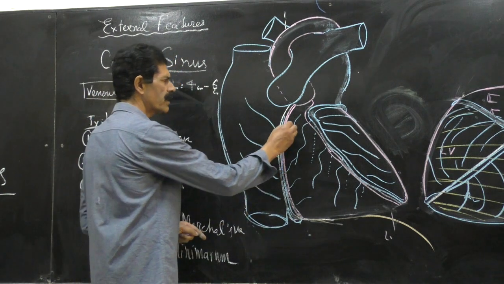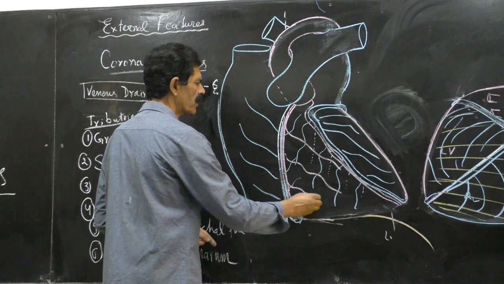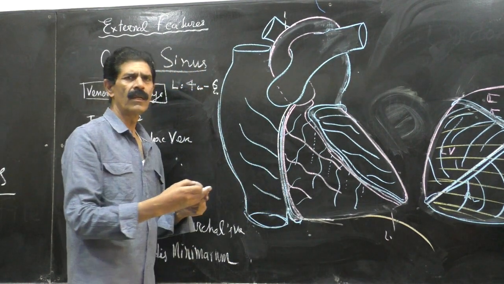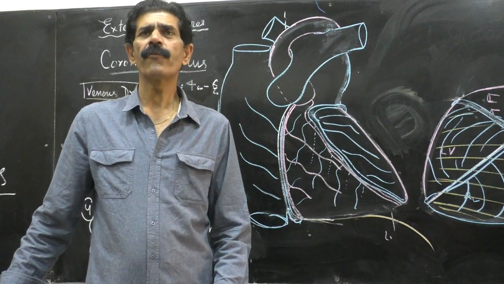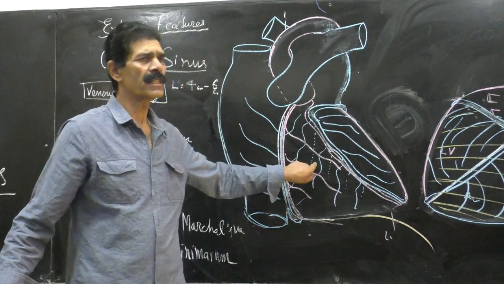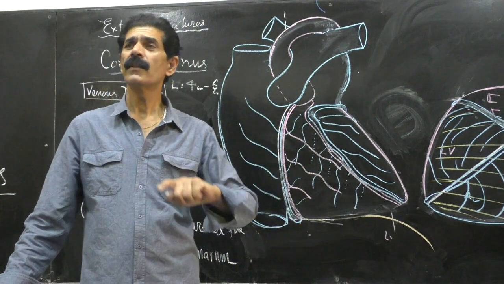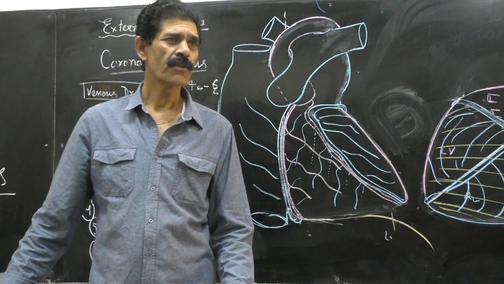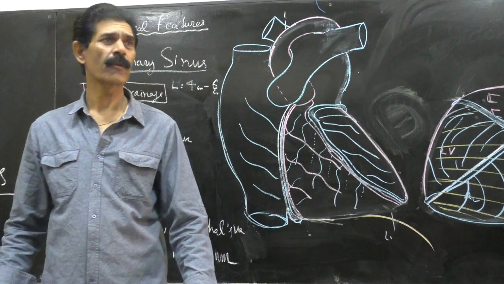Because these blood vessels are lying very near to each other, there is a chance of such communication. And if you look at the surface in the dissection of the heart, you will find that the veins lie superficial to the arteries. So arteries lie deep, and superficially the veins are lying over there.